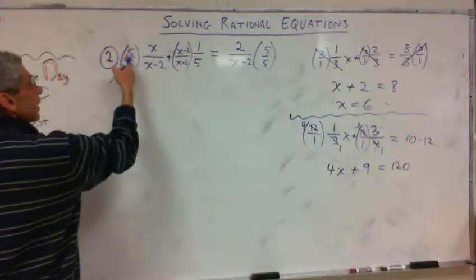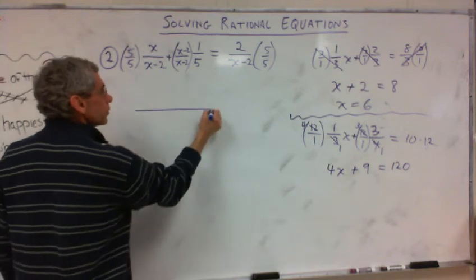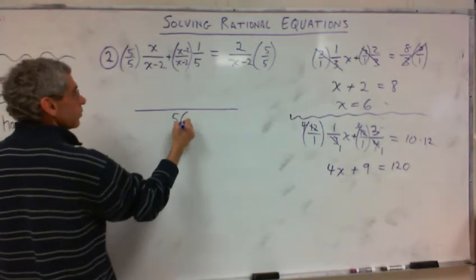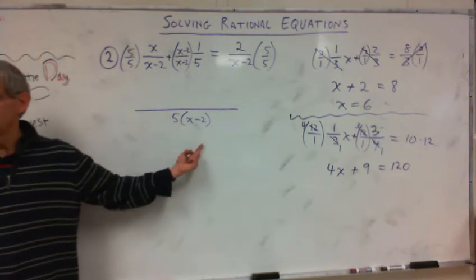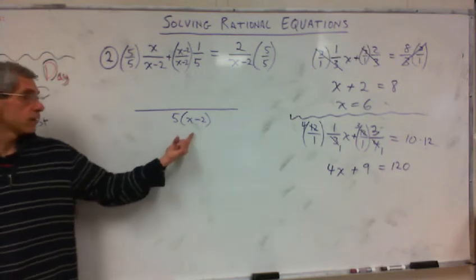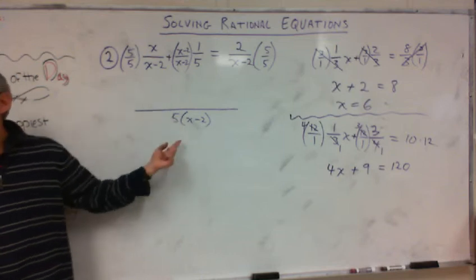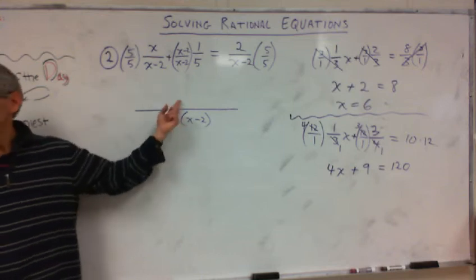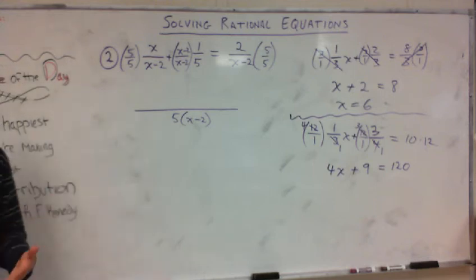My denominator is 5 times x minus 2. It's always good to keep the denominator in factored form. Don't ever do 5x minus 10, because eventually we're hoping that we'll be able to cross out the x minus 2 up here. That's our goal. It may not happen, but that's our goal.